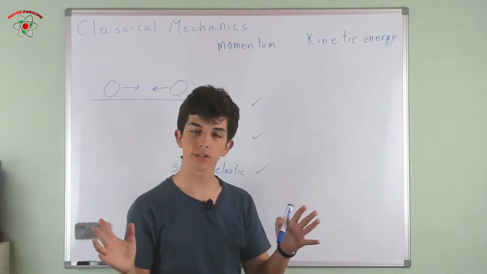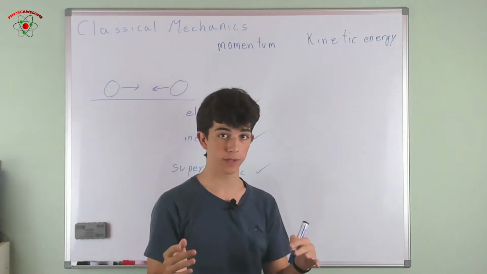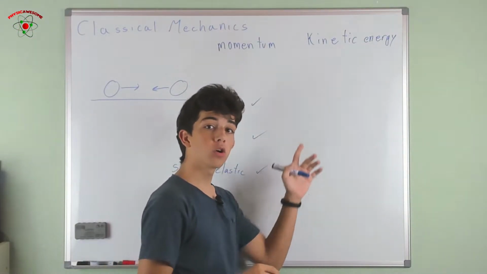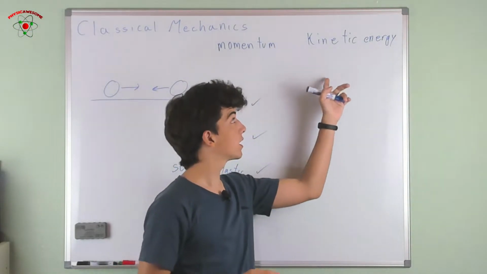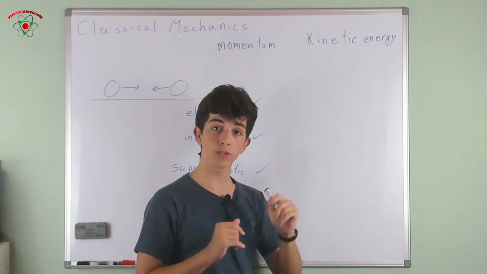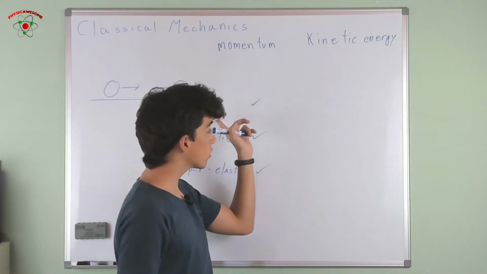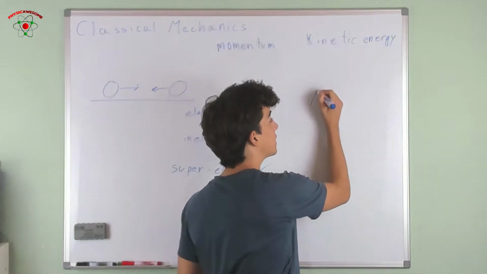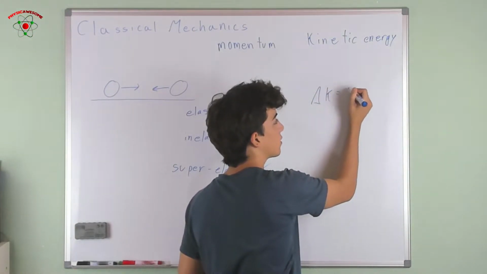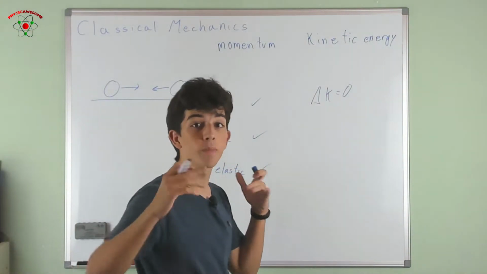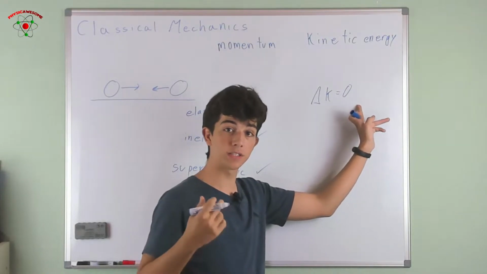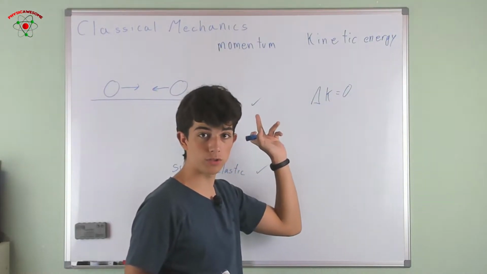The variation of momentum, delta P, is equal to 0. However, in the other cases, with kinetic energy, it's not always that way. In elastic collisions, we say that the change in kinetic energy equals 0. So it's a convention: the collisions in which the change of kinetic energy is 0 are called elastic collisions.